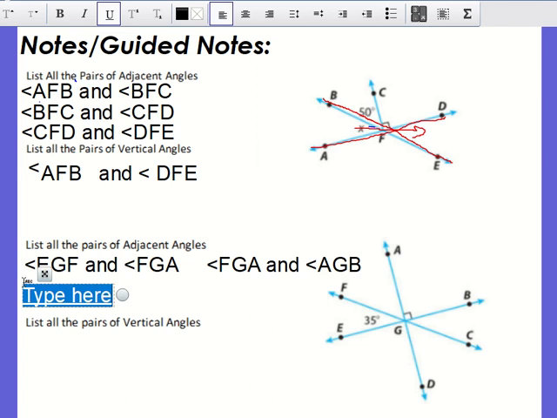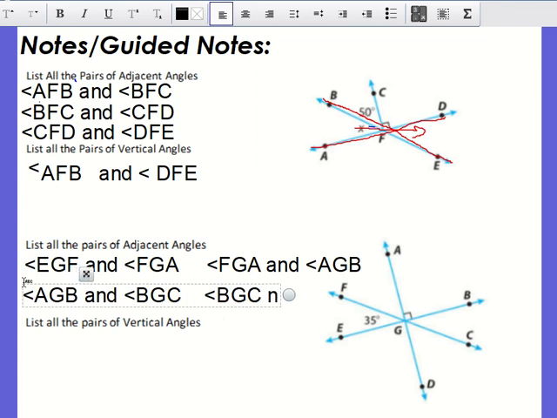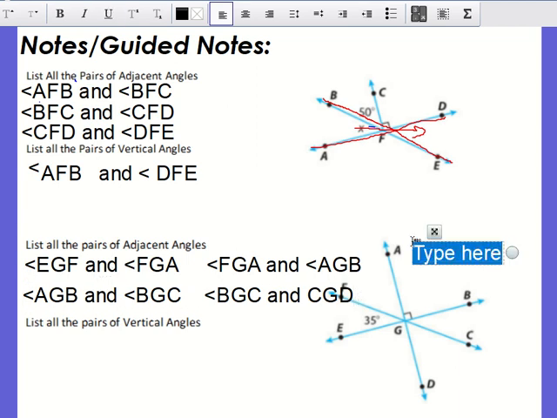All right. Angle AGB and angle BGC. Angle BGC and CGD. Hopefully you're getting an idea that you just go round and round the circle.